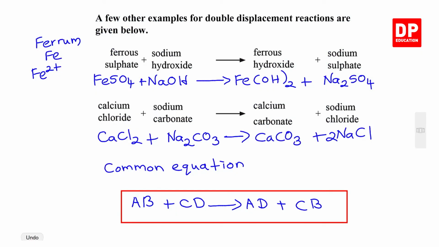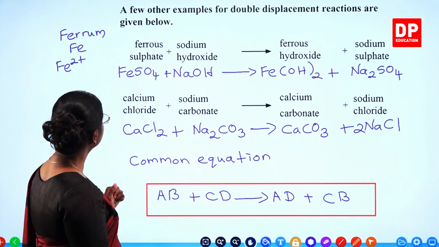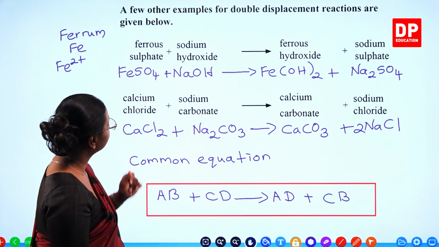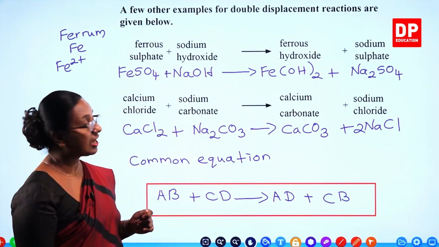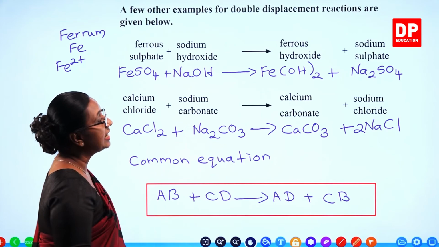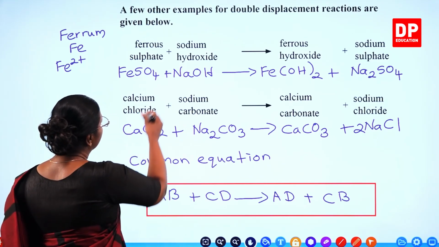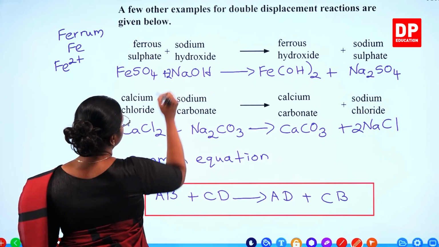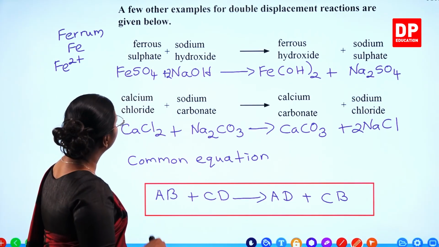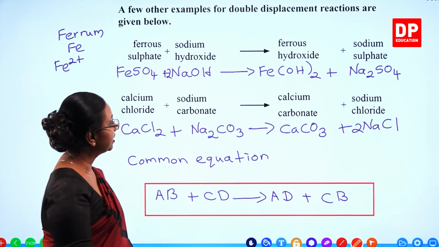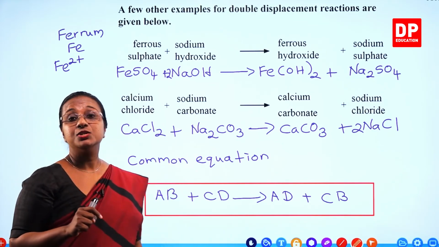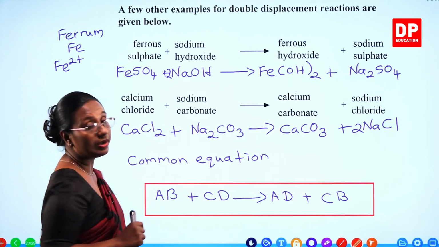So students, these are some more examples of double displacement reactions. Ferrous sulfate reacting with sodium hydroxide giving rise to ferrous hydroxide and sodium sulfate. There also the reaction needs to be balanced. So 2 there. FeSO4 plus 2 NaOH will give rise to Fe(OH)2 and sodium sulfate Na2SO4.